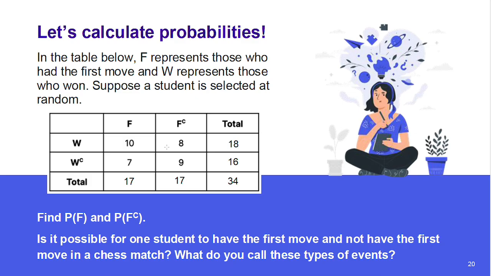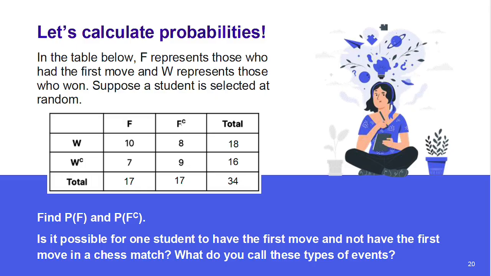Okay, this is kind of how the table is. This is a contingency table, and it was filled in for us for the most part. So ones that had the first move and won, there were 10 of those.